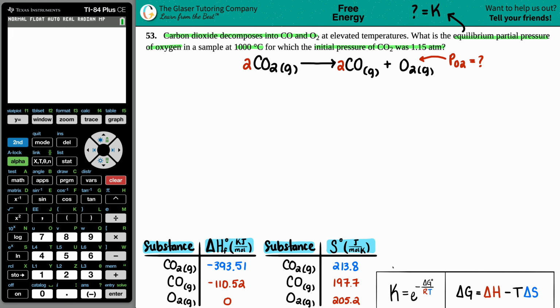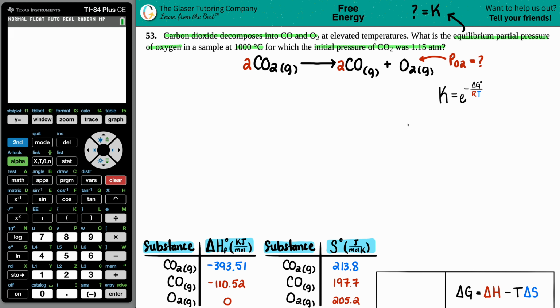The equation is this one down here. So we're going to use this first equation. And maybe I'll just put it over here. So I want to find capital K, that's the equilibrium constant. That equals the e button that's on the calculator, all raised to the negative delta G, so Gibbs free energy, divided by R times T.